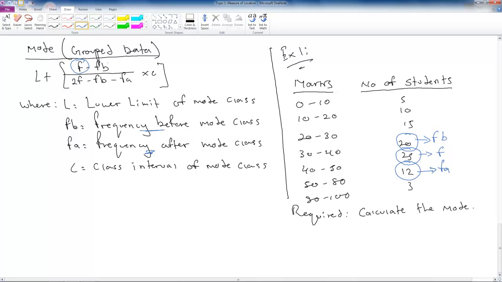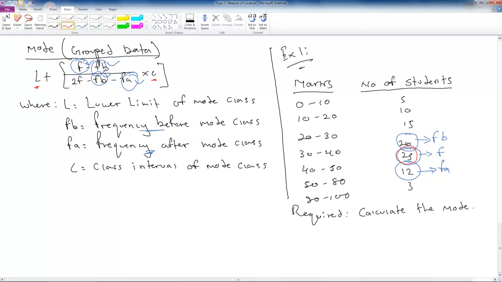So we are done with F, FB, and FA. Next left the L and the C. Once you already choose 25 as the F, which is the highest frequency.